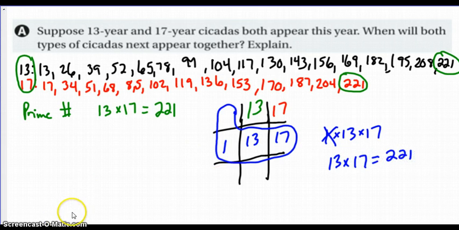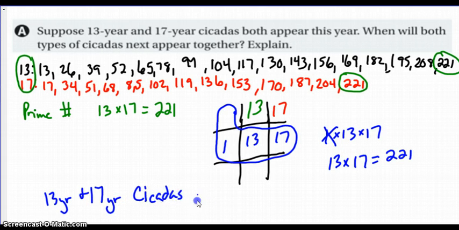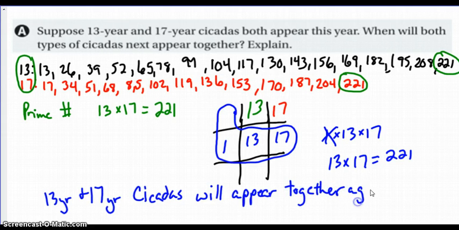So the 13-year and the 17-year cicadas will appear together again in 221 years. Okay, so we've now made sense of our number and our answer.